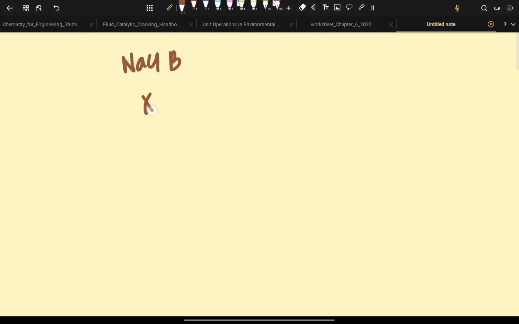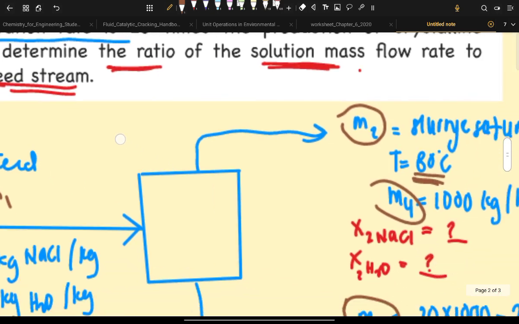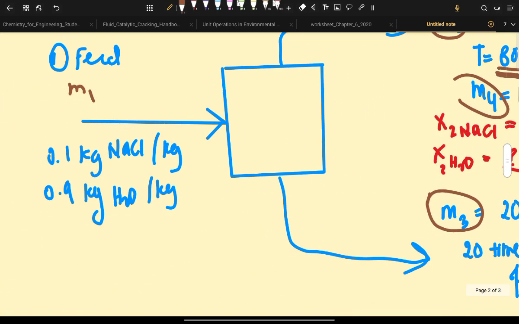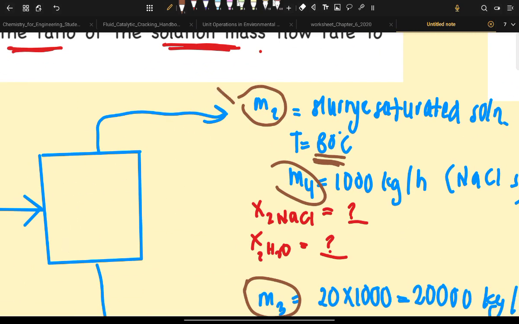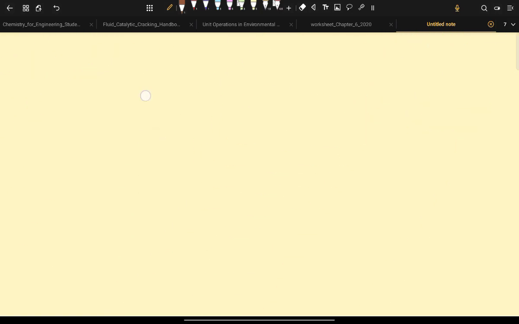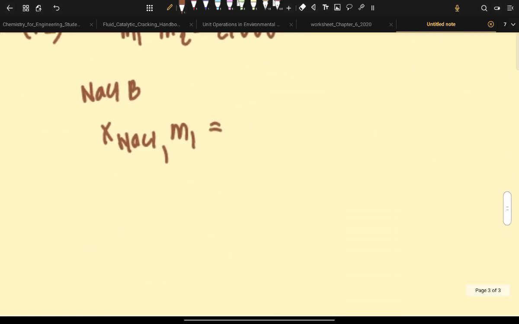So next we have an NaCl balance. So X NaCl1 M1 equals M2 X NaCl2 and M4. So put it in the equation, M2 plus 1000.